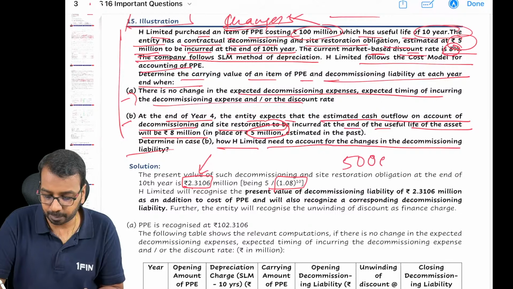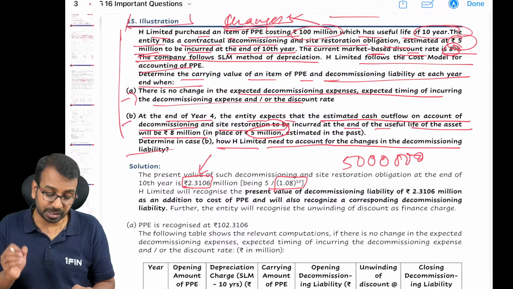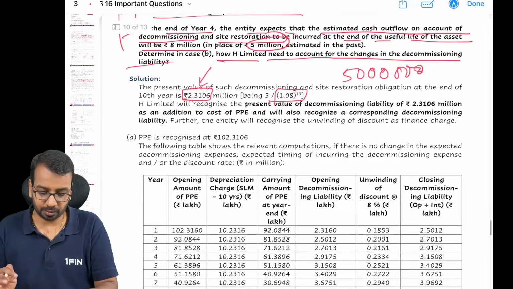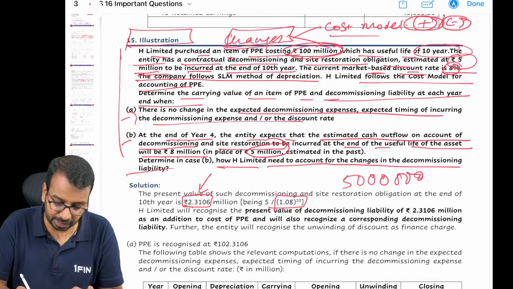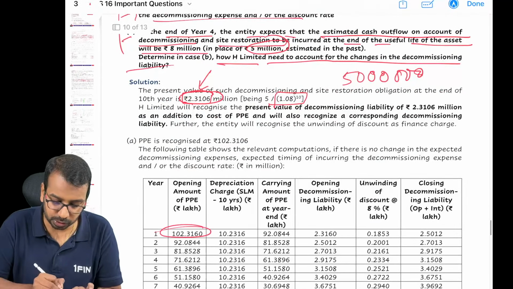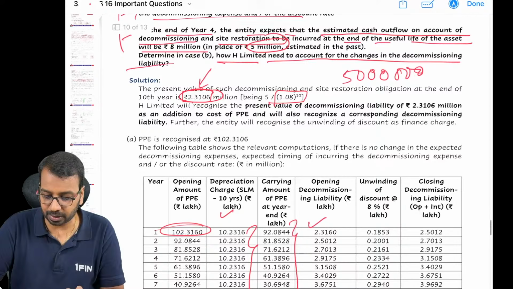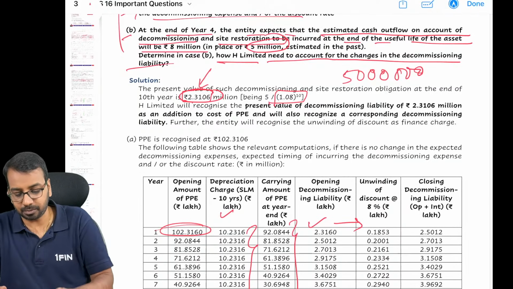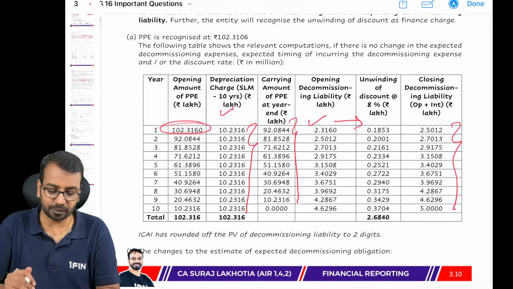You write 5 million and do the calculation so that you don't make mistakes in the examination. So cost is 100 million, present value is 2.3, opening balance is 102. Depreciation every year on straight line basis, and the carrying amount is this. Decommissioning liability 2.316, every year we'll add 8% and we'll get to the closing balance. So this is the first part.